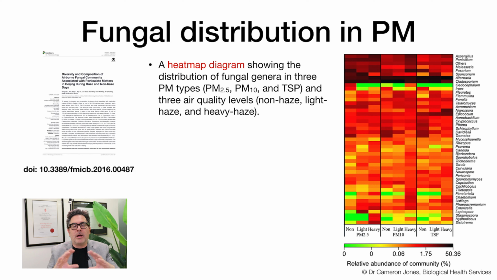And so I really want to make the point that air pollution contains a huge amount of fungal particles and discrete fungal cells that can be classified using molecular and classic microbiological methods to work out what's in the air.